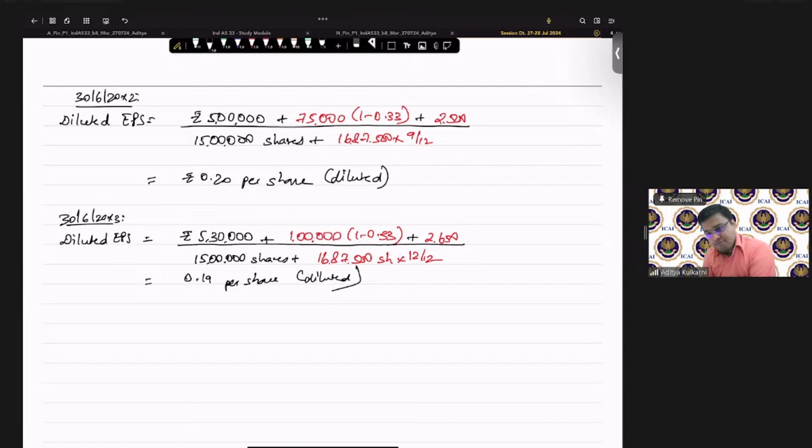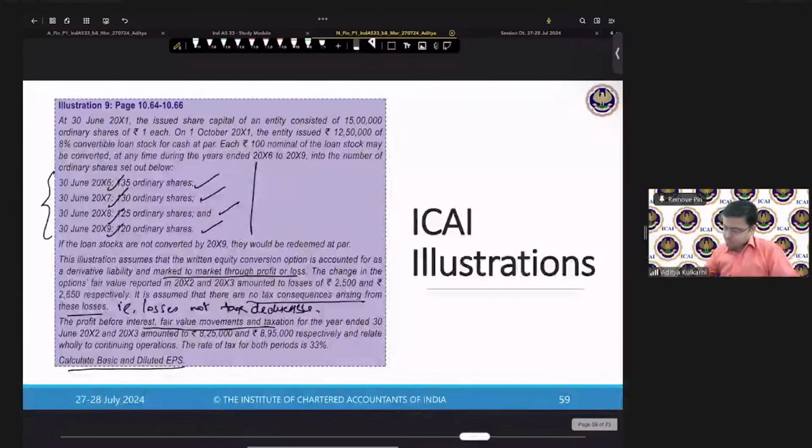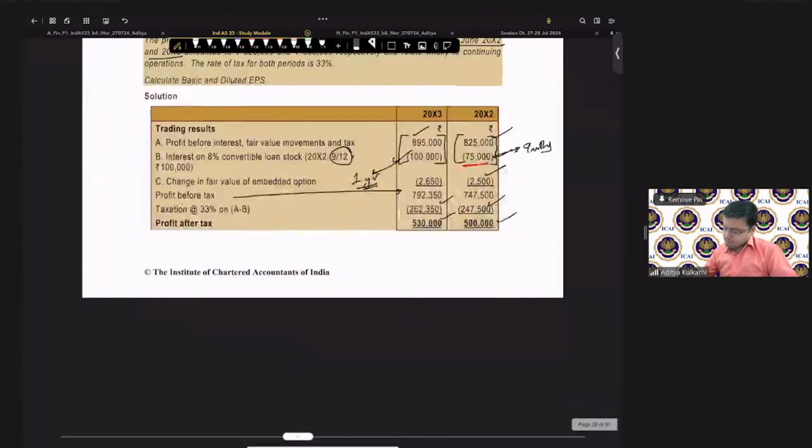Abrikesh, did you follow? Manish Kumar Gupta, samajh mein aa gaya? Yes. How 5,30,000? Second year was 5,30,000, na? 8,95,000 minus 1 lakh minus 2,650. Taxation 262,350. So 5,30,000. Okay.